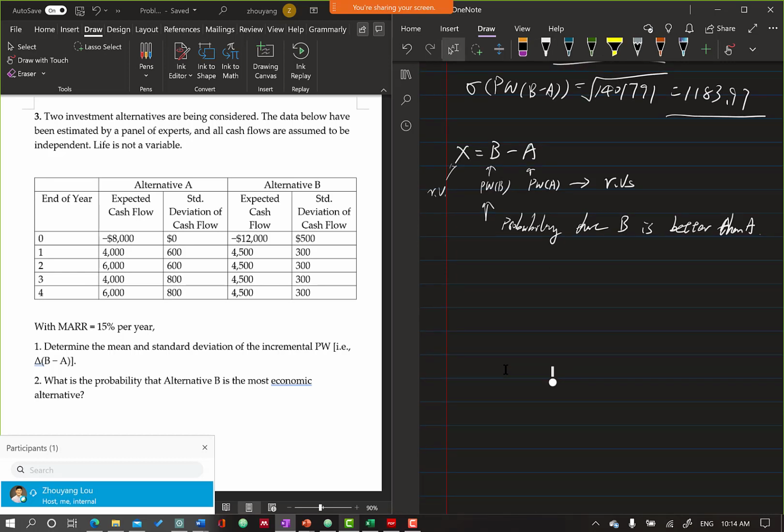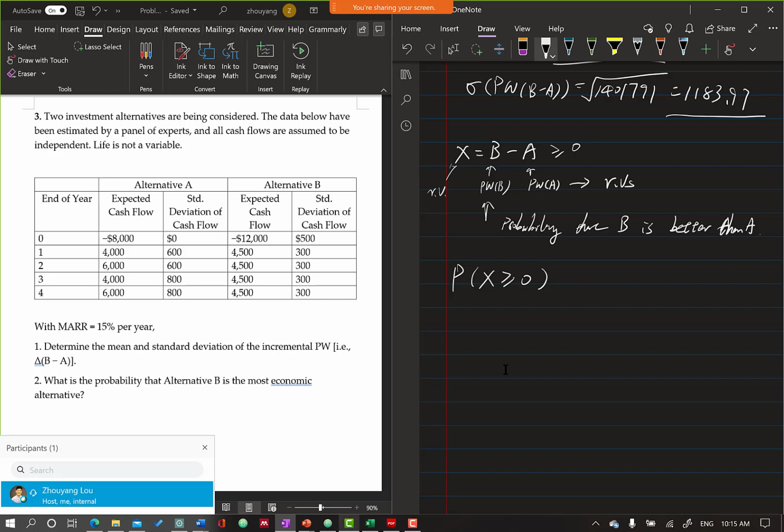And actually, we are just calculating the P of x greater than or equal to 0. So b better than a just means b minus a is greater or equal to 0, since we're calculating the net cash flow.